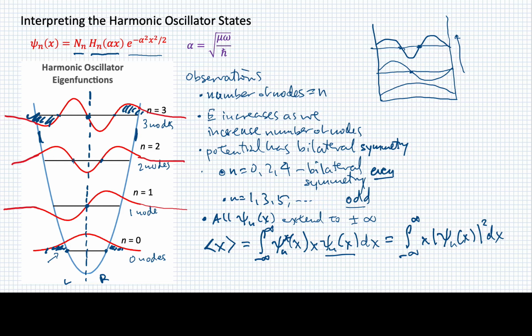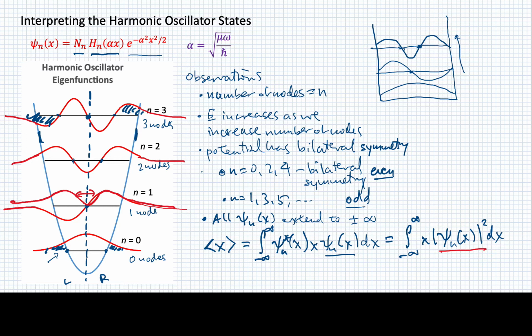But if I take the square magnitude of these wave functions, for example the n equals 1 wave function, it would flip this part up. So I would have a function that would look like this, that now would have that bilateral symmetry across that central line, which means the integral of just this wave function squared would be 1.